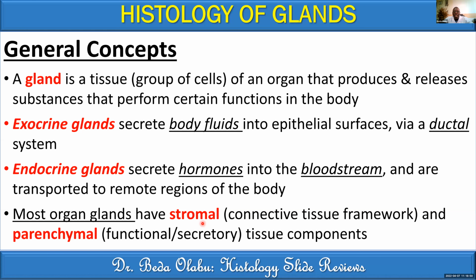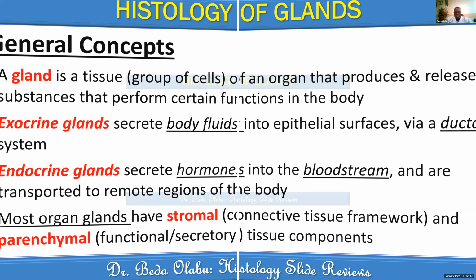It could be some connective tissue trabeculae that go into the gland and divide it into lobules. Those trabeculae usually contain blood vessels, nerves, and lymphatics, or even the ductal system. Some ductal system are contained within that stromal tissue. So understand, there's a stromal tissue, which is the connective tissue elements of a gland, and the parenchymal component, which is a functional component of a gland.